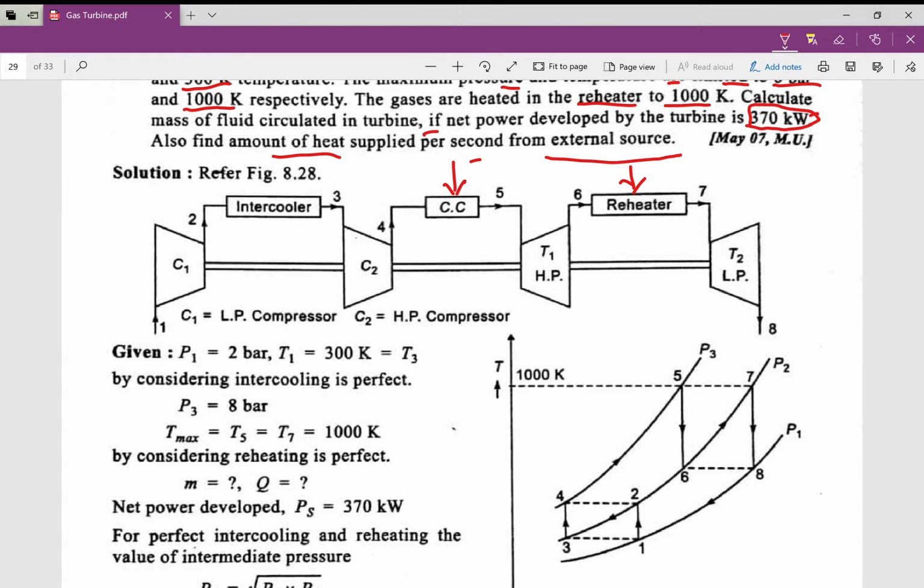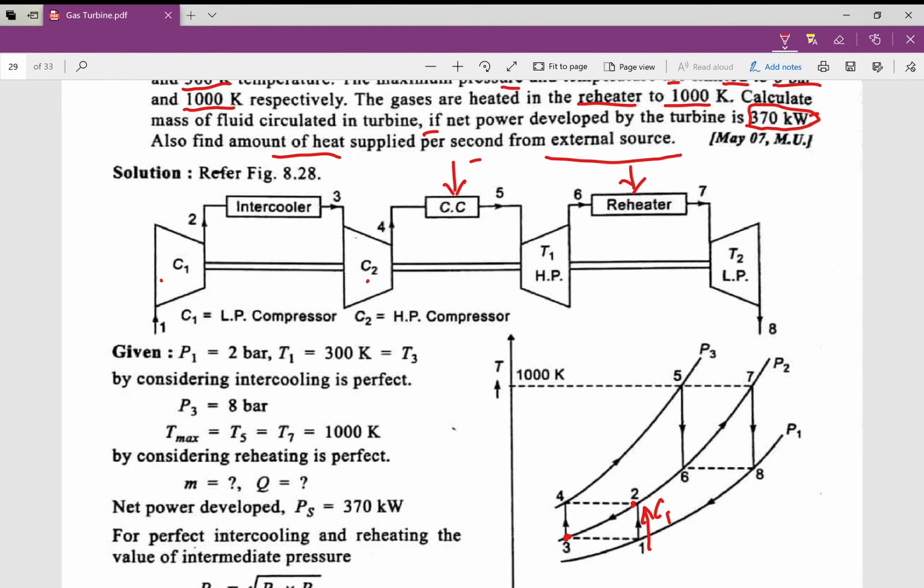So this is compressor number 1, compressor number 2. First, air is compressed in compressor 1. It goes to the intercooler to reduce the volume. So here it is: 1 to 2 is compression in compressor C1. Then it is intercooled from 2 to 3. Temperature is decreased, right?